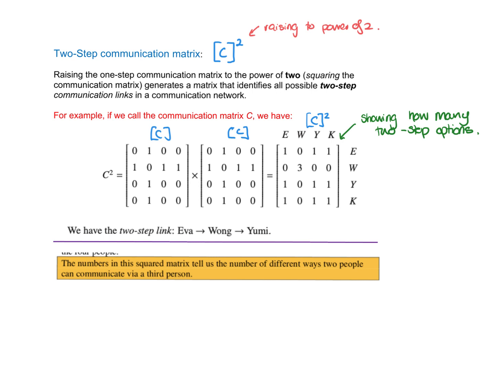So if you have a look down here, this is what we were talking about before. If you were doing 2 steps, say Eva can send a message to Wong and then back to herself. That's her 1 option of 2-step communication.